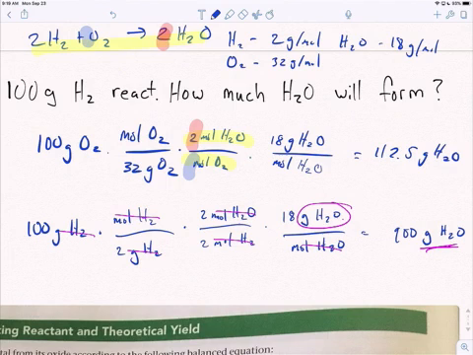Just so that I don't confuse myself, what is the proper way to write this? What do you mean by proper? I wrote ratio 2 to 2 and ratio 2 to 1, and that's not right. I would put 1 to 2, 1 oxygen to 2 waters. It depends on what species you're talking about.